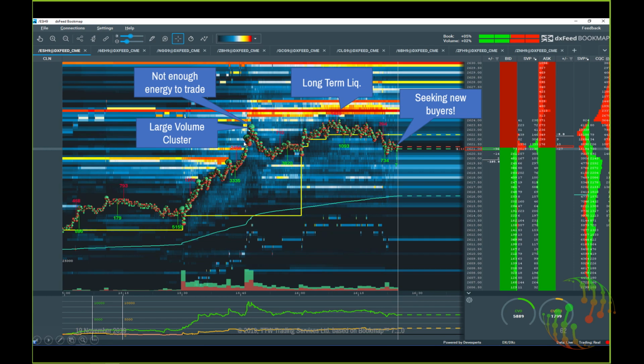And watch what is happening here. You see these huge dots here. So let's only let the visualization of the market speak for itself. You see there's a large volume cluster, there's large volume traded at those levels, and then it comes back, but with low volume, extremely low volume.